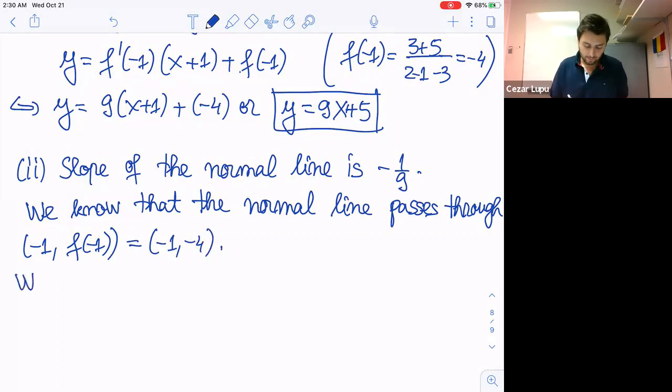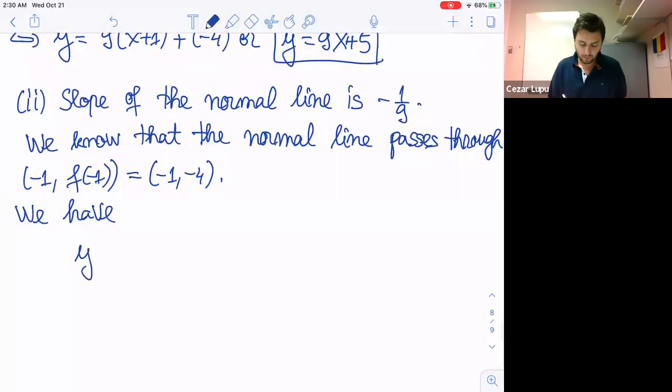So we write this equation of the normal line in slope-intercept form.